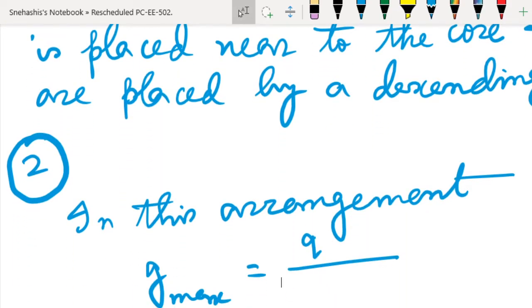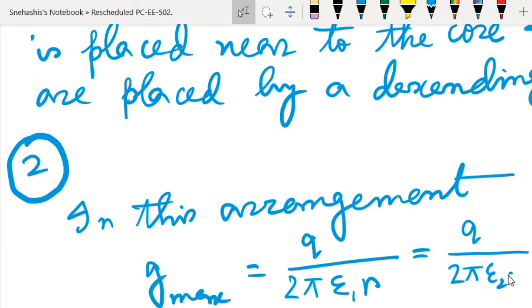Because now the maximum stress is the same for all, Q by 2 pi epsilon 1 r equal to Q by 2 pi epsilon 2 r1 equal to Q by 2 pi epsilon 3 r2.